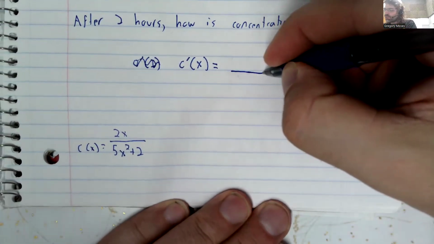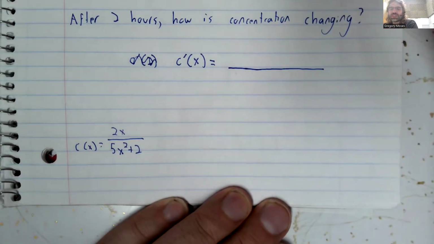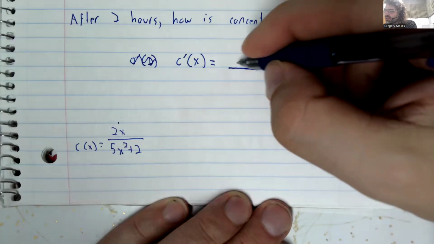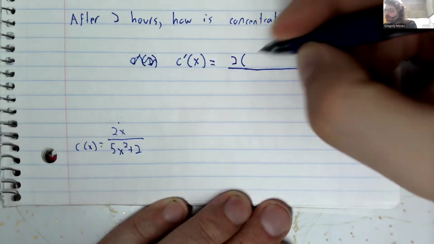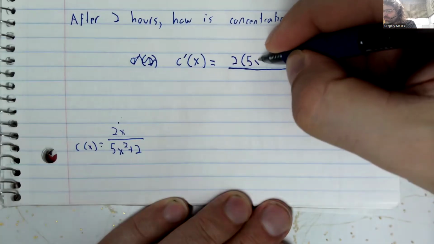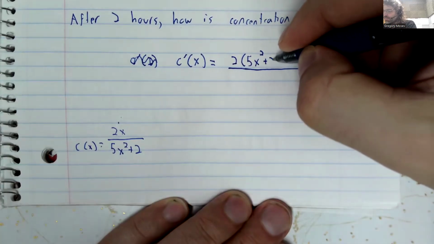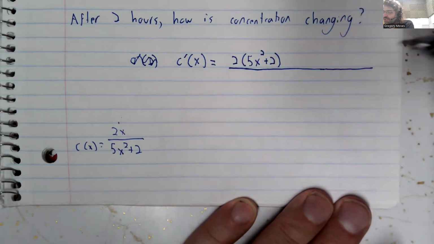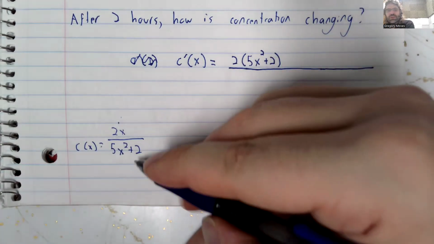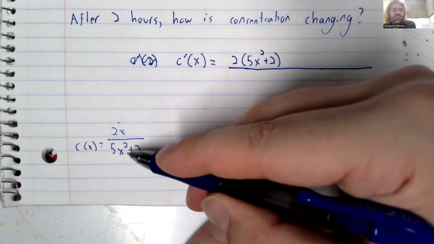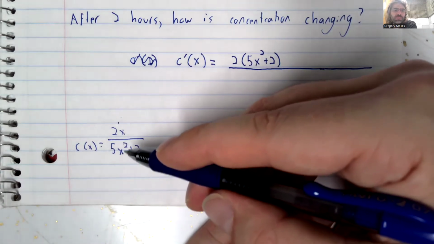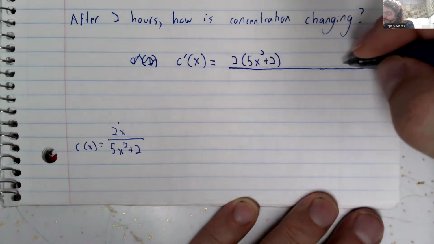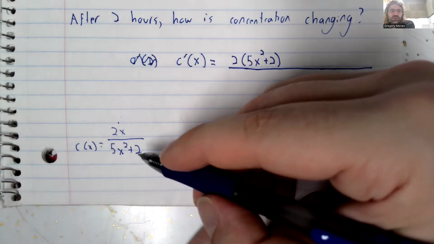The quotient rule says, take the derivative of the top. The derivative of 2x is 2. Multiply it by the bottom, 5x squared plus 2. Then take the derivative of the bottom. I hope we can do this fairly quickly by now. We're using the power rule on the 5x squared. The derivative of the 2 is 0.